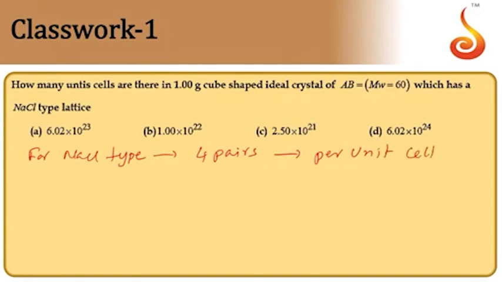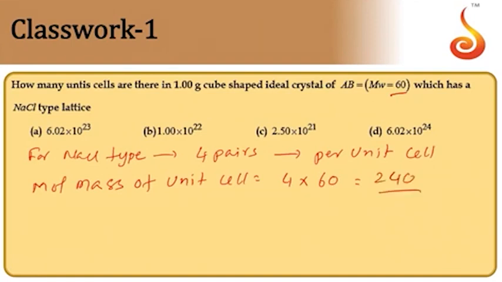So therefore, the molar mass of the unit cell will be equal to 4 into the molar mass of each pair, which is 60. 4 pairs are there altogether, so it comes to 240. So 240 is the molar mass of the unit cell.